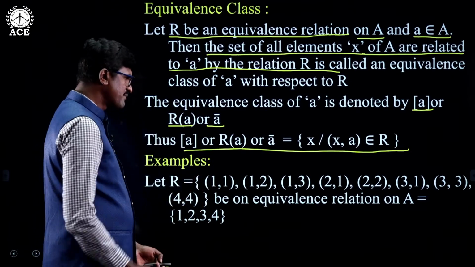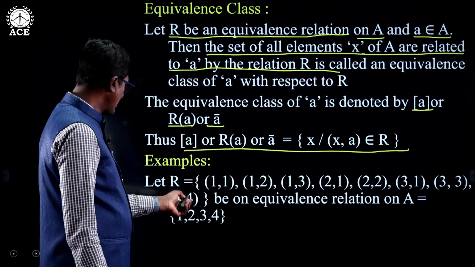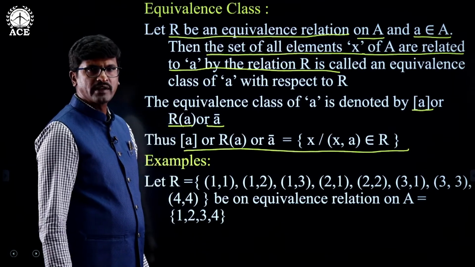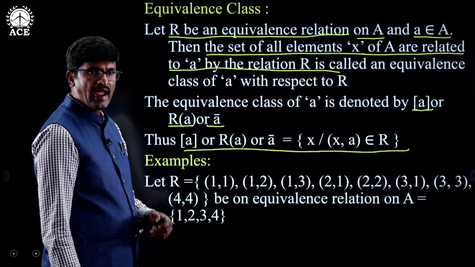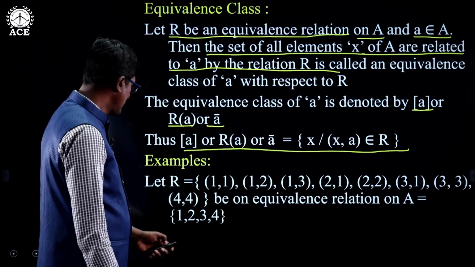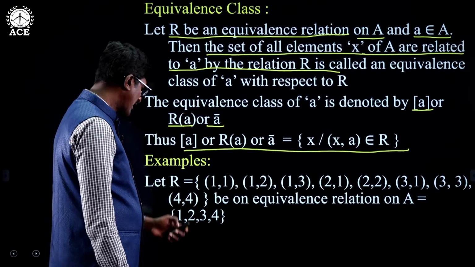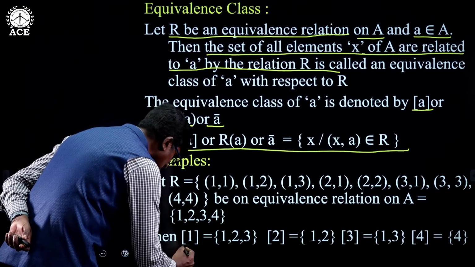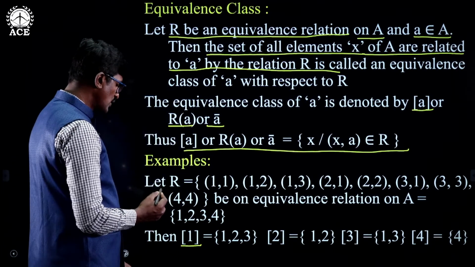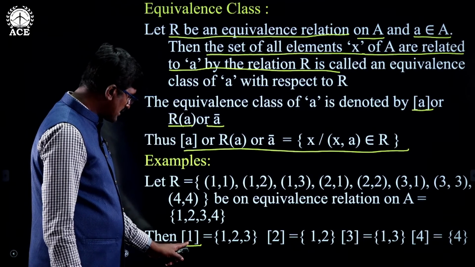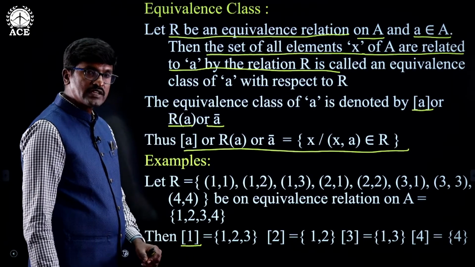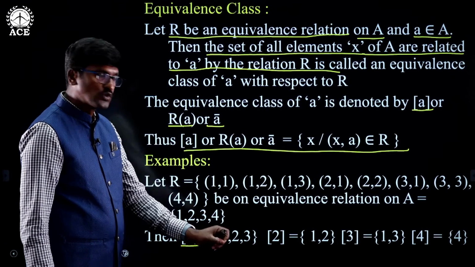Here I am taking some equivalence relation. R is the equivalence relation because it satisfies the reflexive property, symmetric property, and transitive property. Now I am going to define the equivalence class of every element. If you look at the equivalence class of 1, when we are finding the equivalence class of 1, you need to take all the elements which are mapped to 1.